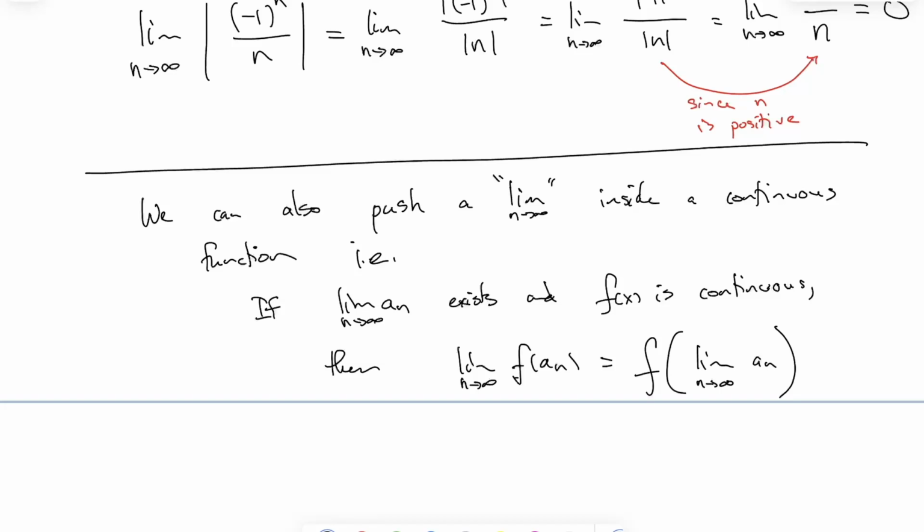This only works if your function is continuous, but you are allowed to do that. As written, it looks very weird to write a lim inside of a function like that, but actually this is super useful and we do it all the time. I think I've already done it a couple of times today and you didn't even notice, but this is actually a very natural thing to do.